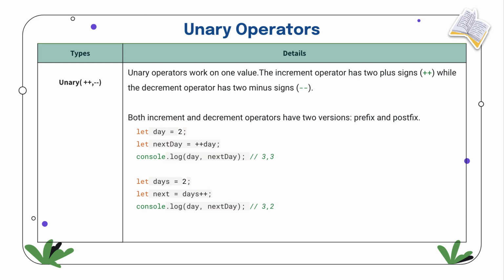Now the things come like pre and post. Pre means we are doing something first and then printing the things. Post is doing first consoling or first assigning and then doing something. It's like a prepaid mobile and a postpaid SIM card.